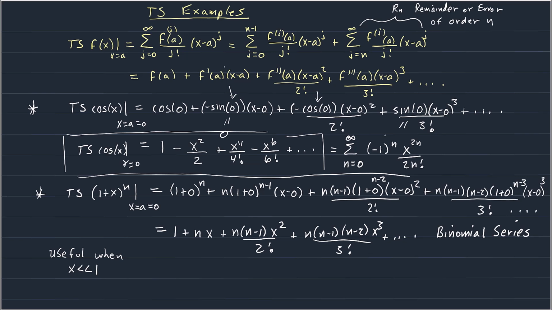So if x is really small, then 1 plus x to the n power, if we take the first linear term as an approximation, this is an okay approximation. Again, if x is less than 1, and this may be sufficient for a problem that you're solving.